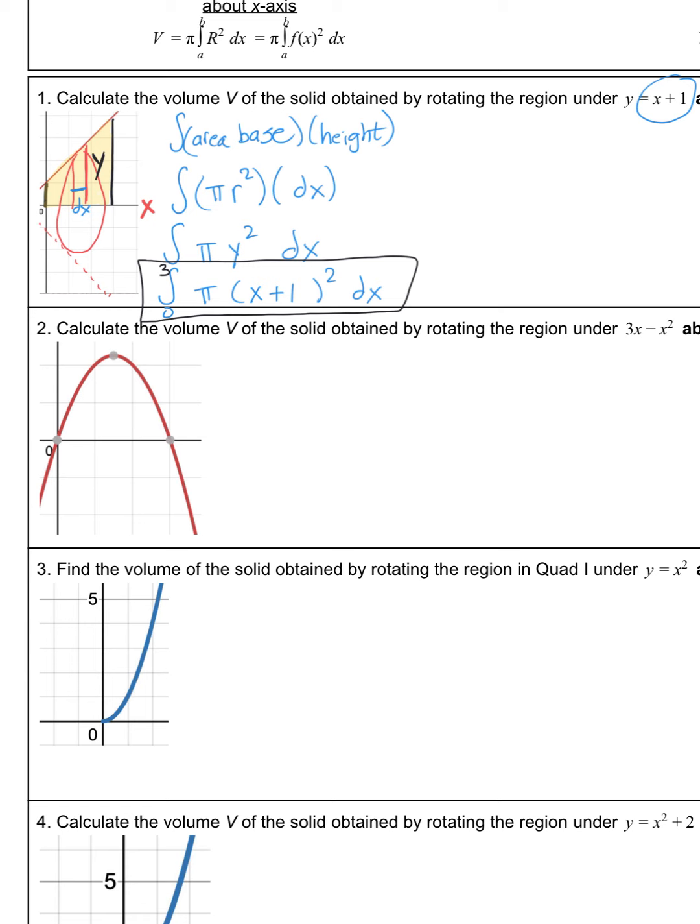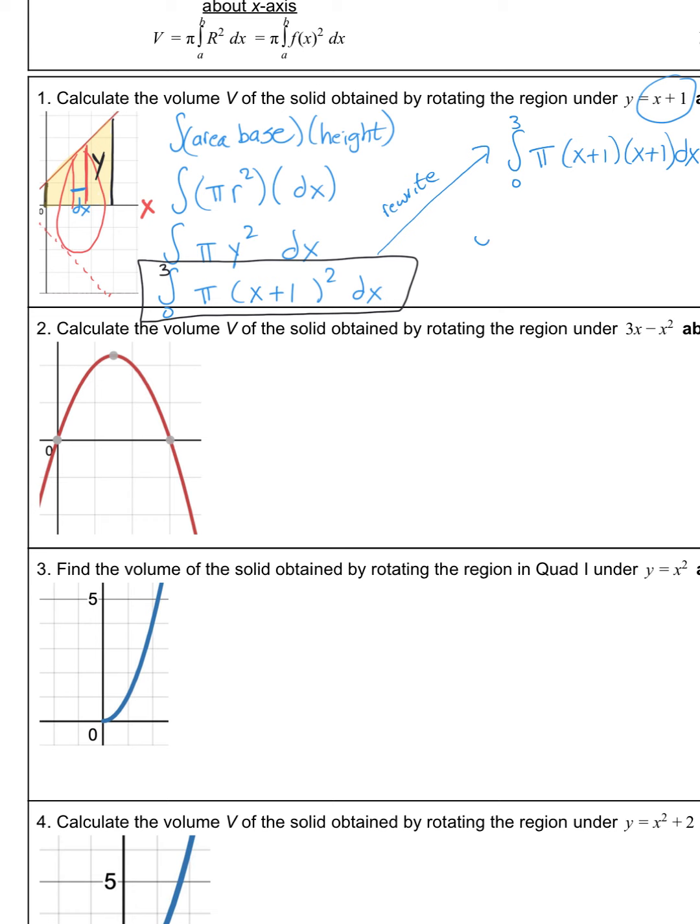Now, before we solve this using the fundamental theorem of calculus, I'm going to expand this squared, because if I multiply this out, I'll be able to use the power rule when I take the antiderivative instead of using substitution. So I'm going from 0 to 3, and pi comes along, and x plus 1 squared is the same as x plus 1 times x plus 1.